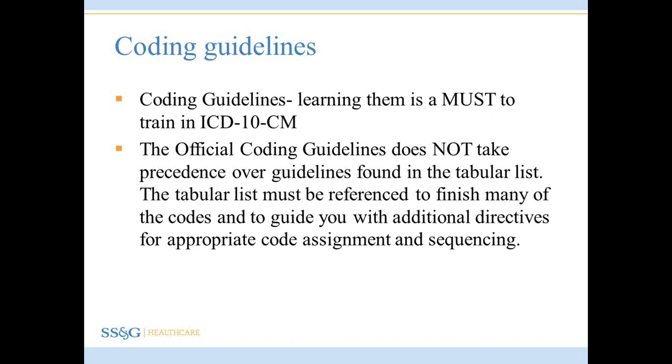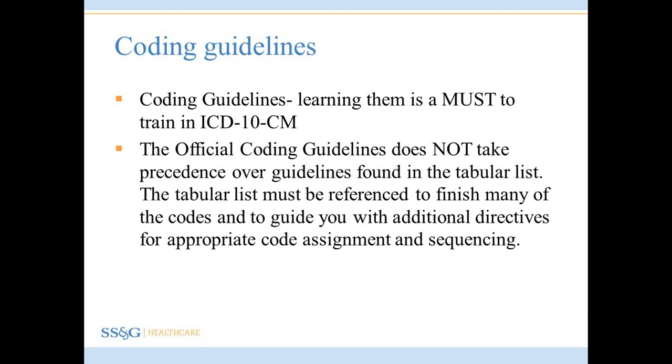So what we're trying to do is get the individual practices to understand that they need to help their physicians be more specific. Now the documentation would say, patient here today for discussion for surgery for their malignant neoplasm of the ascending colon, and then you would be able to code C18.2.